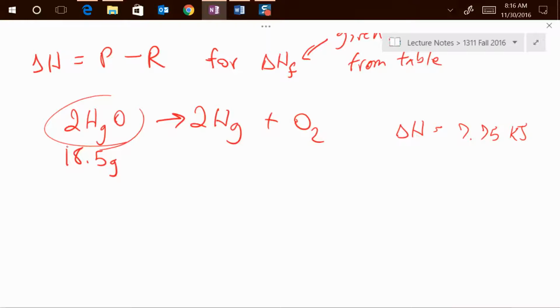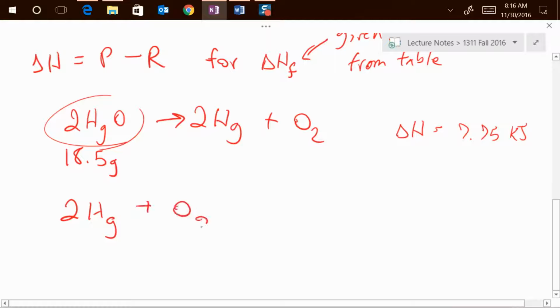This equation is written in the wrong way for the formation of mercury oxide, right? They're telling me the decomposition. So 2Hg plus O2 produces 2HgO, delta H equals negative 7.75 kilojoules.